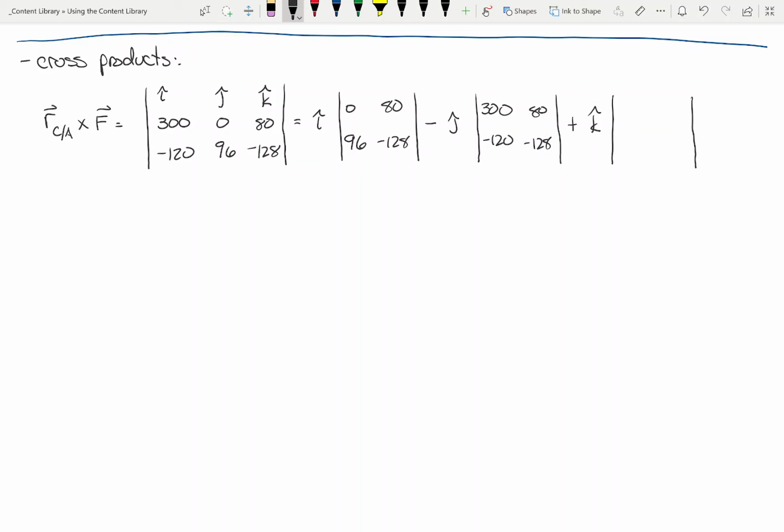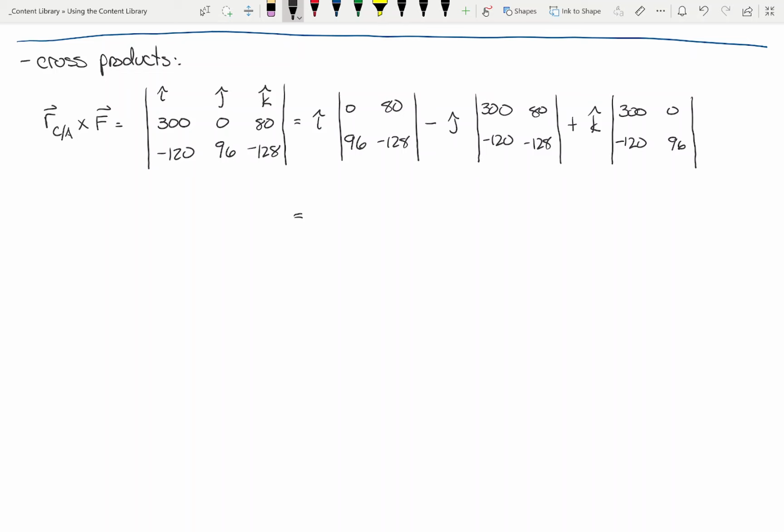Strike out the rows and columns. Okay. Is that okay? Everybody with me on that? All right. So let's do the first one. So what do we do? How do we do this? We go this times this minus this times this.